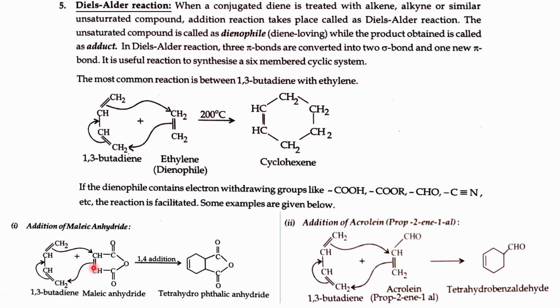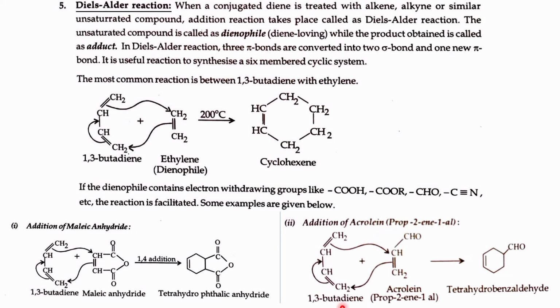So this is added to this, that is 1,4 addition. This is added to the first position and the other carbon is added to the fourth position. So this is tetrahydrophthalic anhydride. Then the other compound is the addition of an acrolein molecule.